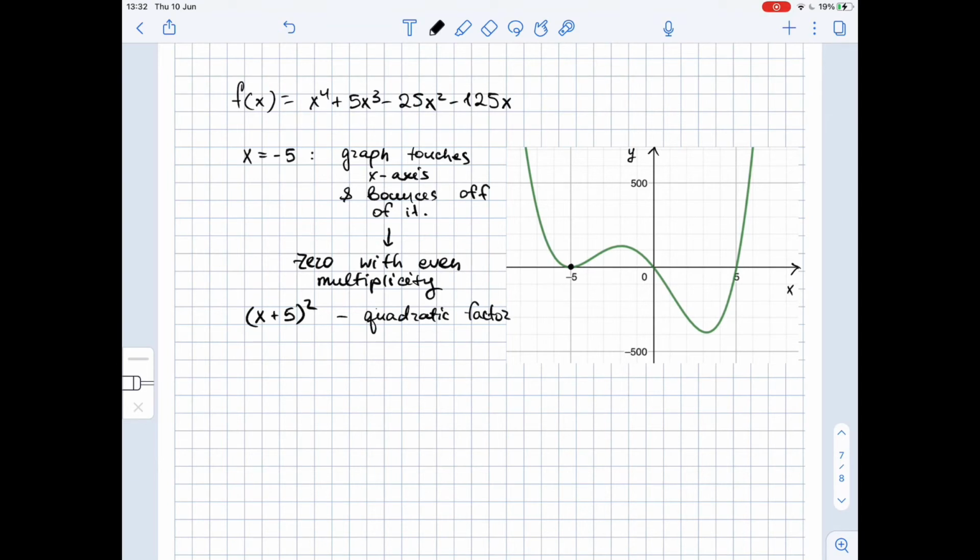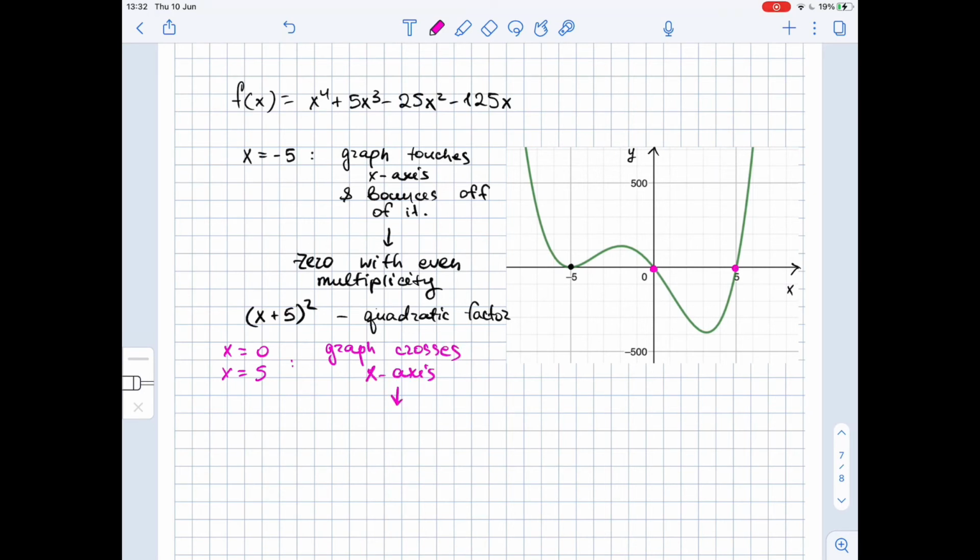Well, now from this graph we can also see that the graph crosses the x-axis at x equals 0 and x equals 5. So here and here, at x equals 0 and x equals 5, the graph crosses the x-axis.